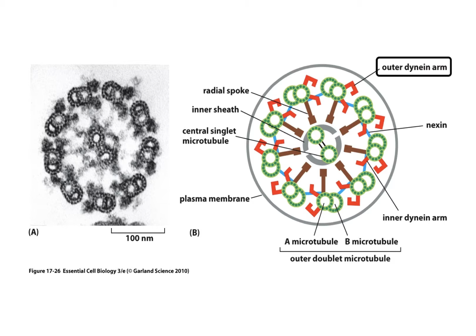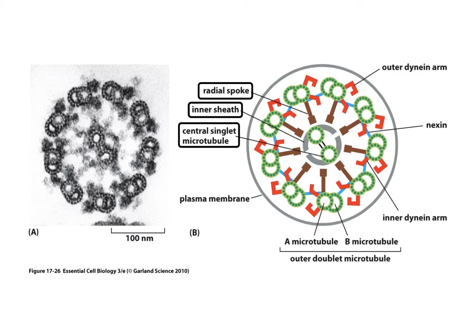And so some of these MAPs are dyneins, nexins. The nexins sort of hold these structures together but allow some flexibility. And then there are inner and outer dynein arms that interact from one microtubule to the next. There are also radial spokes, etc., holding the structure together in the center.